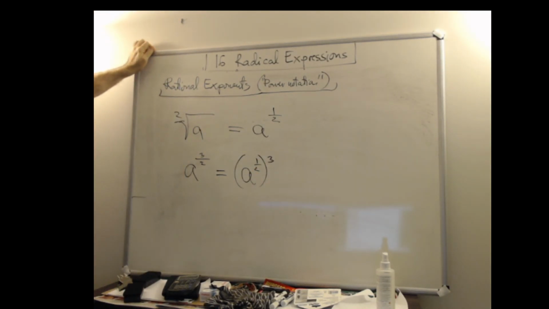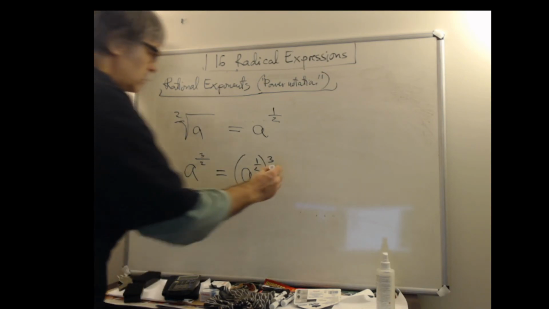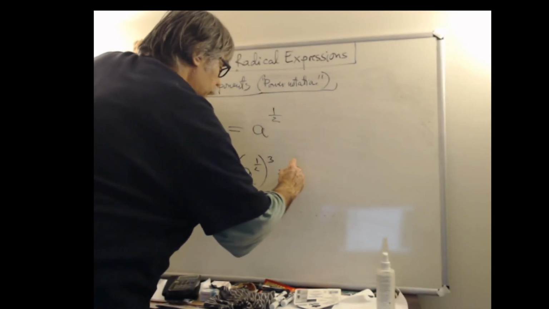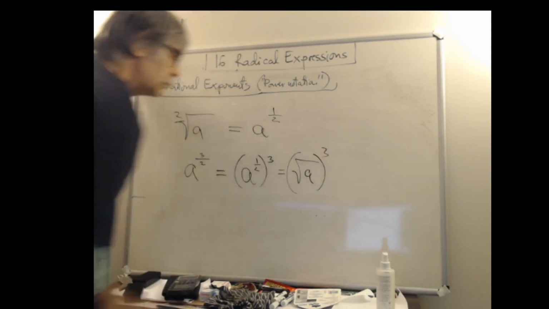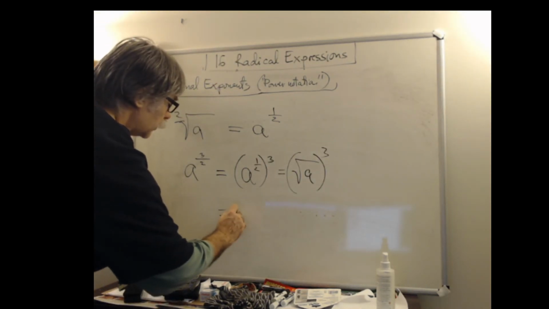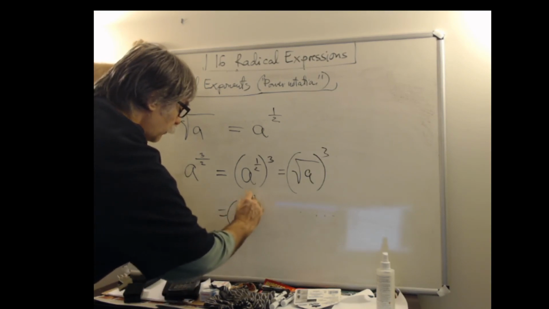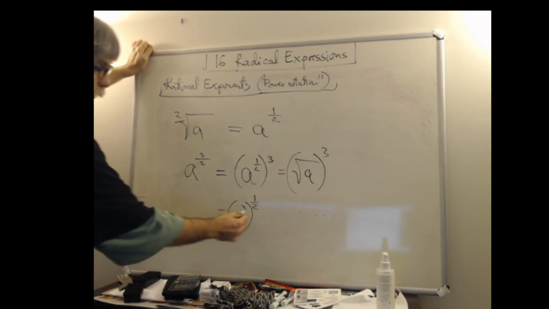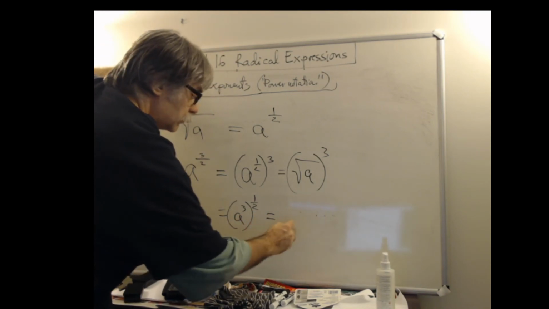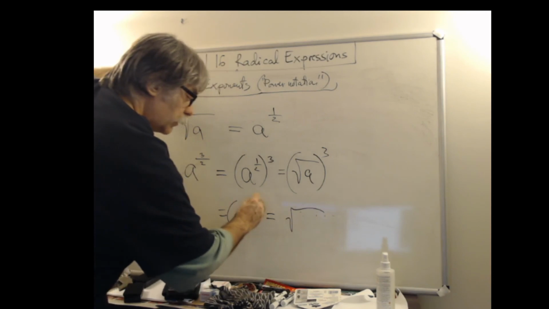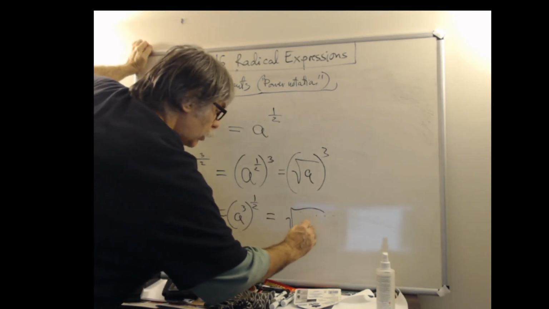The power rule holds. And so you have here radical a cubed. You can also read it this way. It's an a cubed with a power of 1/2. And again, if we multiply power to power, you got 3/2. So you got the square root of a cube.